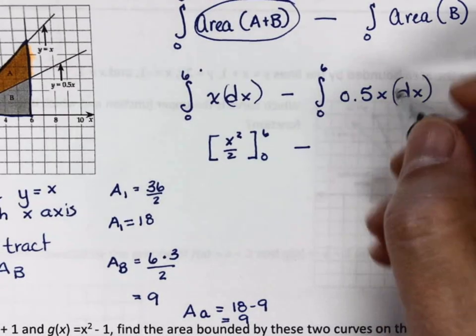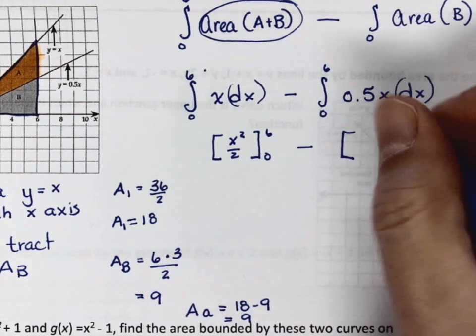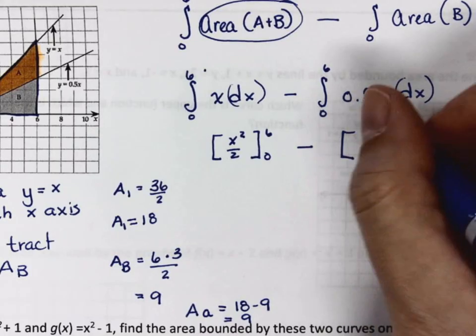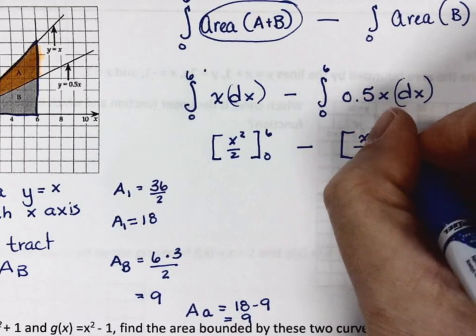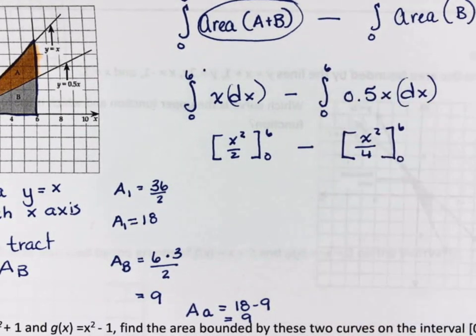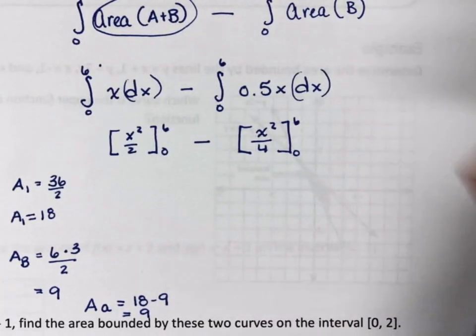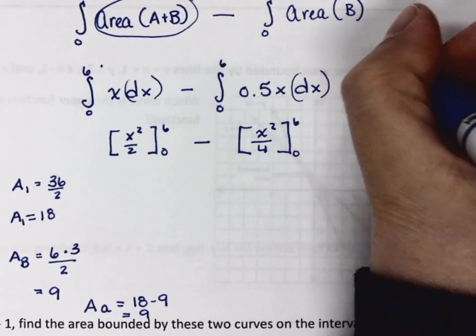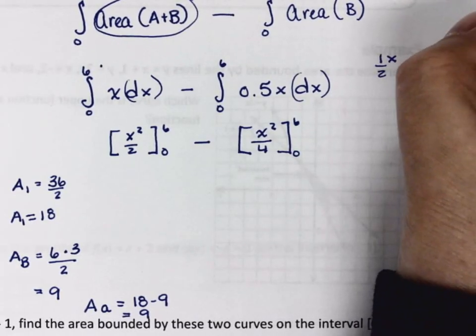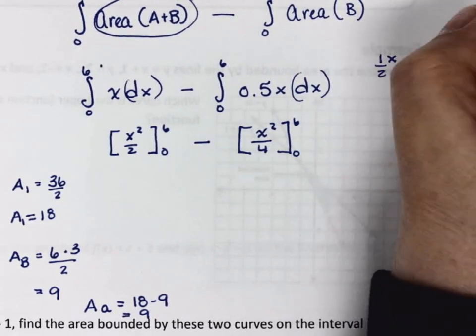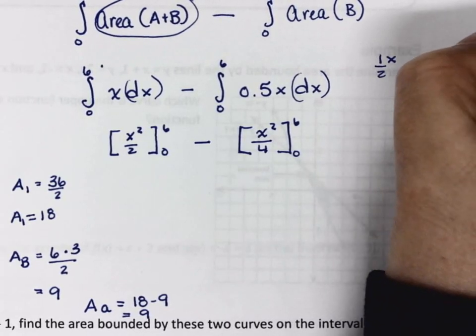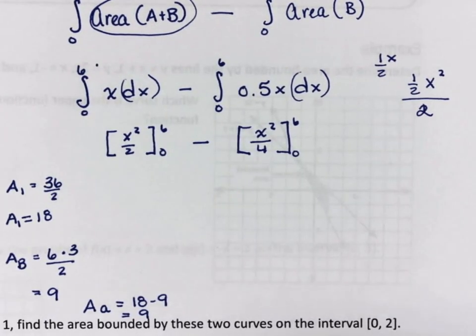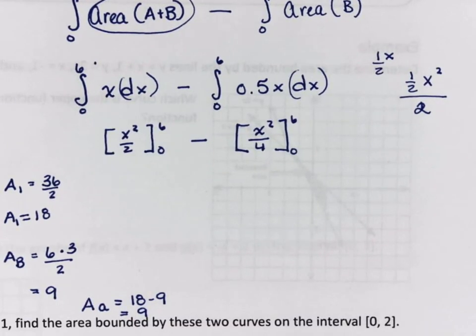And then when we integrate it, it will be x squared over 4. If you just want to see that math on the side, I got 1/2 x, and so we are going to have x squared times 1/2 divided by 2. And if you do that division, that's going to give me the 1 over 4.